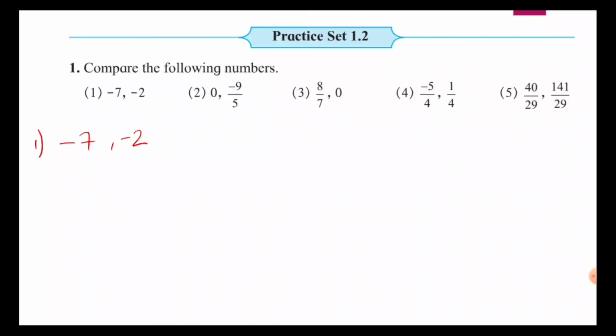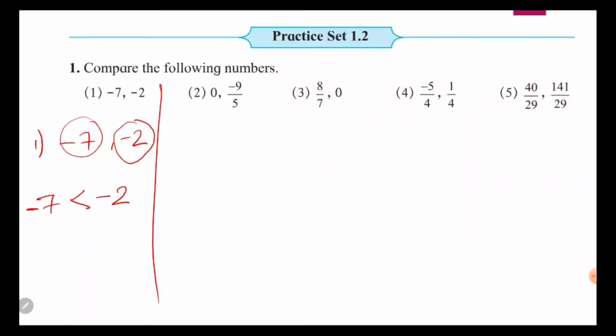Okay, -7 comma -2, I have to compare these two numbers. If I compare these two numbers, I can see with the help of the number line, -2 जो है वो बड़ा है -7 से. Okay, so I'll be directly writing that -7 is lesser than -2. ओके, यहाँ पे डिनोमिनेटर था ही नहीं, तो कुछ करने की ज़रूरत नहीं थी.